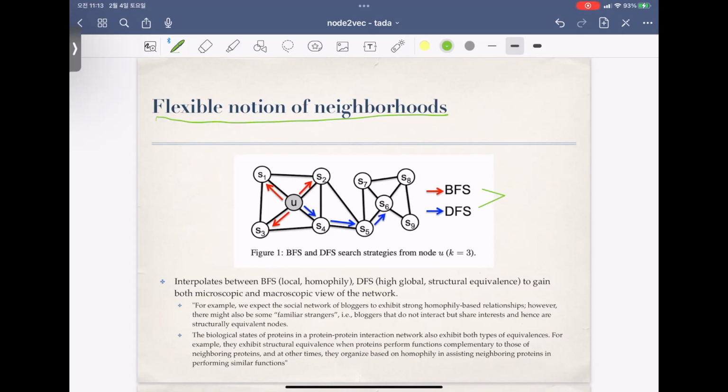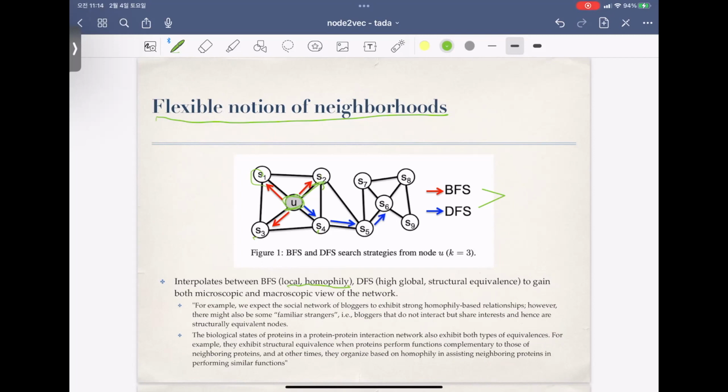For example, if we start from node U over here, the search only extends to the nearby nodes. So for example, S1, S2, and S3. So it's more local and known to have a characteristic of homophily, in how it collects the characteristics from nearby neighborhoods.